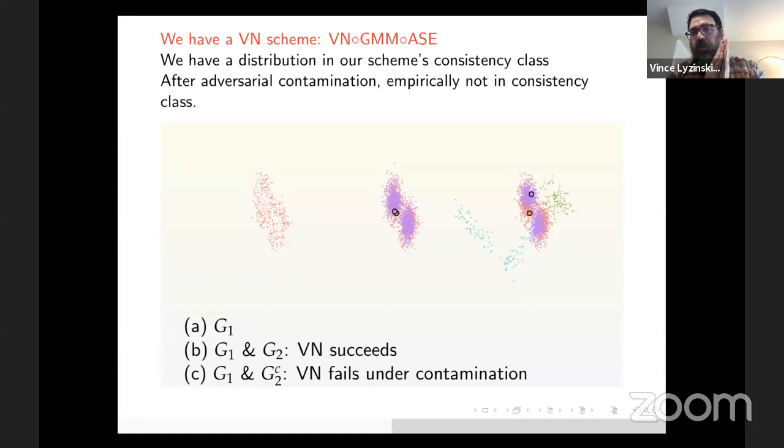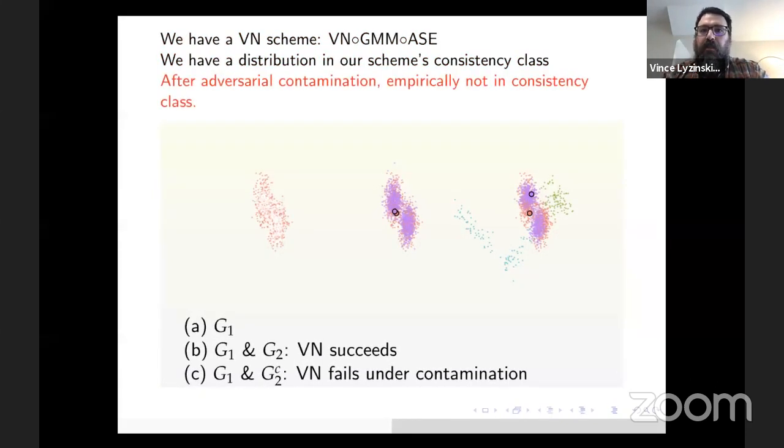we do a spectral embedding and an alignment of the 2 graphs in spectral space, and then a nomination: you cluster them using Gaussian mixture modeling, and then do a nomination based on Mahalanobis distance, given the Gaussian clusters. This thing actually works. We can show that this thing works under the clean model. The clean model is in the distribution's consistency class.